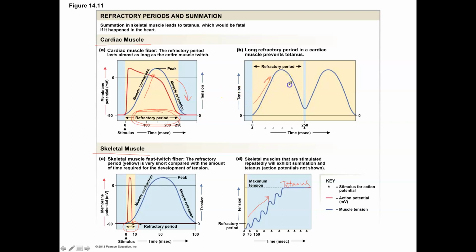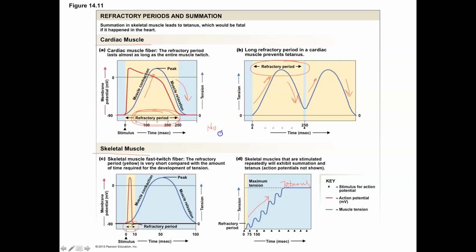This is the tension that you see in the cardiac muscle, but you'll notice that the tension drops before you see another contraction followed by another state of relaxation. And that's because of these longer refractory periods. So these action potentials that last for 200 to 250 milliseconds, compared to, say, 5 milliseconds, are allowing cardiac muscle to stay out of tetanus.